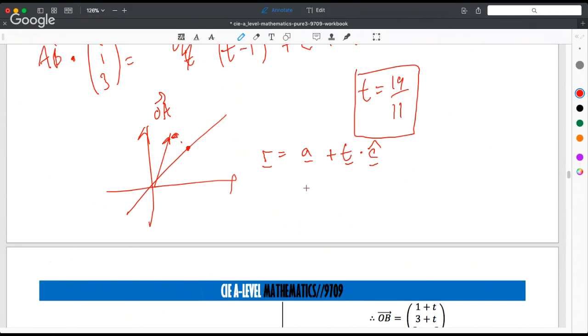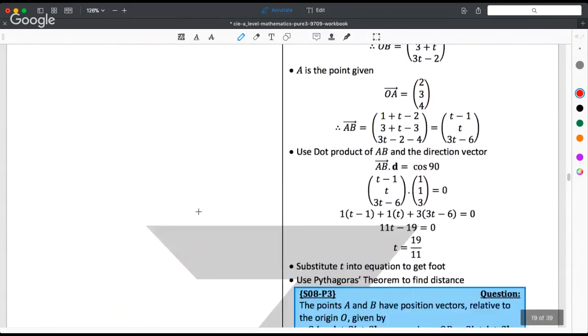Okay, so the first thing we do is figure out the line that takes us from A to the point. Once we have that, we make sure that this line is perpendicular to C. So we choose that AB dot C equals 0. And if we do that, that gives us the point on the line. So we're just using the fact that this line has to be perpendicular to the direction line.